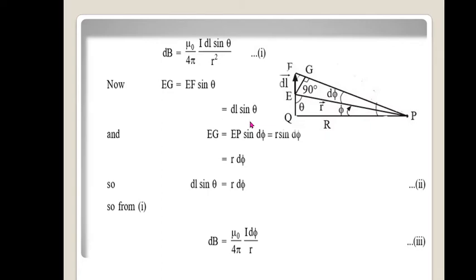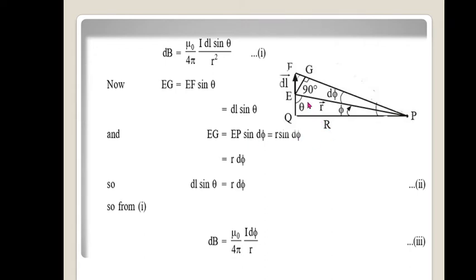Okay, and now in a similar way I can rewrite Ez is equal to EP sine d phi, where due to this small part of the current carrying conductor, I have considered this small angle d phi. Here EF is one length, and here EP, so Ez is equal to EP sine d phi.